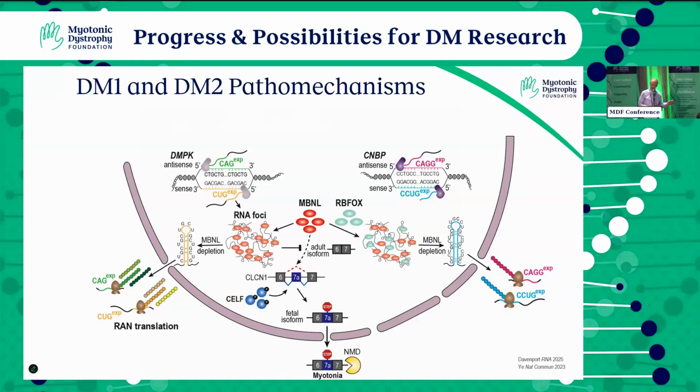Now you're scratching your head and going, wait a minute, the consensus sequence for RBFox proteins is not a GC dinucleotide flanked by pyrimidines like it is in DM1 and MBNL proteins. But when you think about the sequence that RBFox binds, UGCAUG, UGCA is a GC dinucleotide flanked by a pyrimidine and a purine.